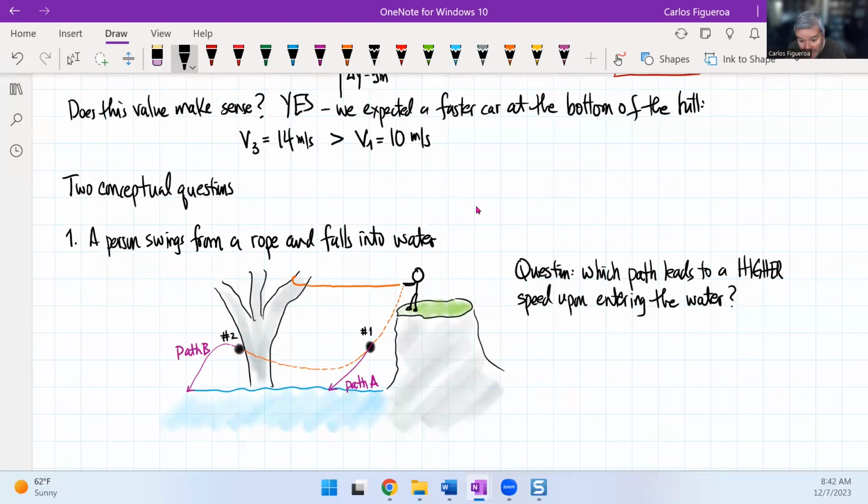Which path will give you the highest speed entering the water?